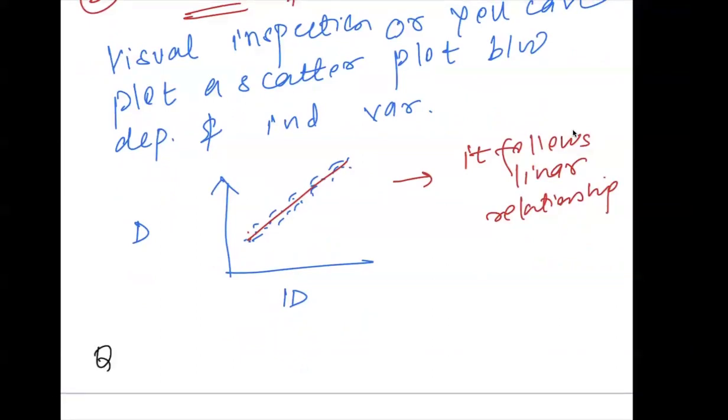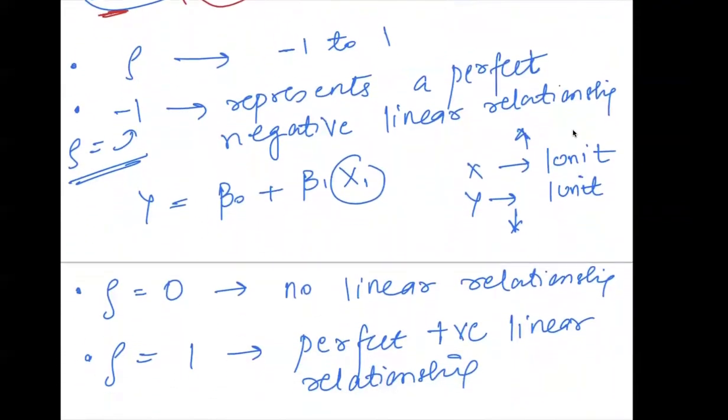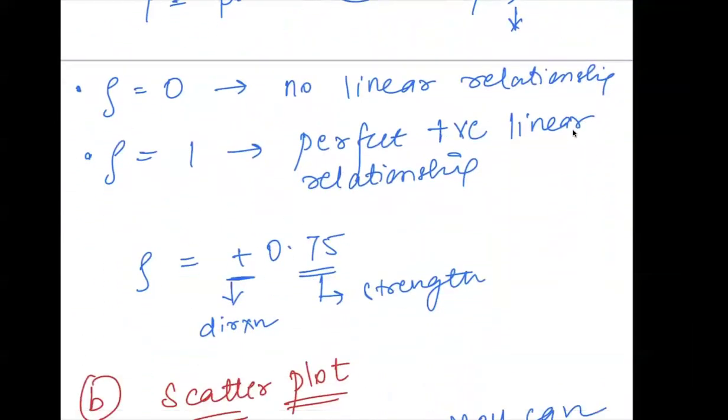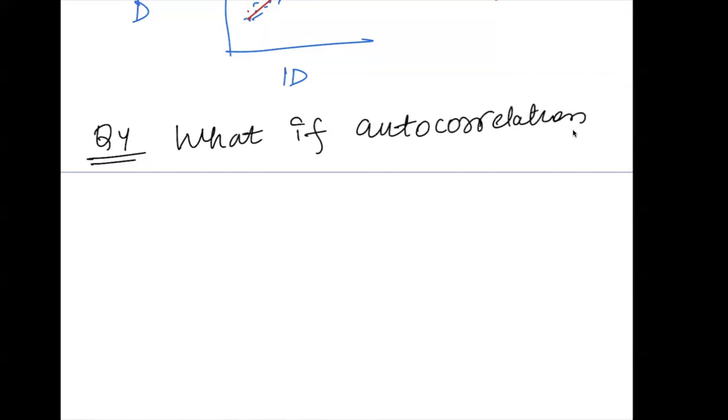Now your fourth question: what if the autocorrelation assumption is not met in the linear regression model?